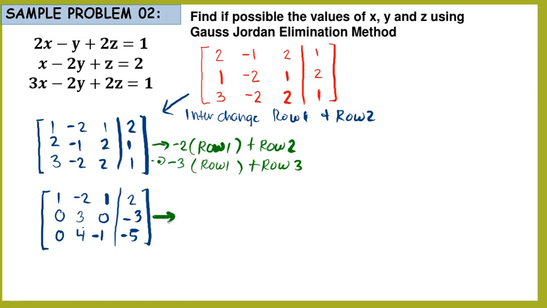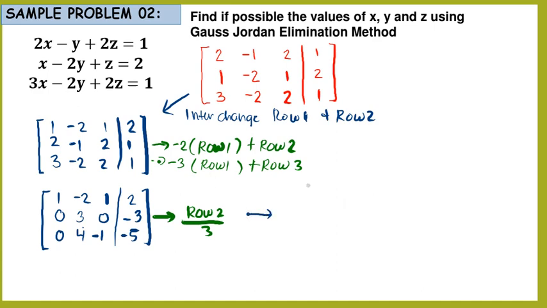So, for the row 2, so para maging 1 yung 3 natin, i-divide natin yung row 2 natin ng 3. So, we need to divide 3 doon sa row 2 natin.